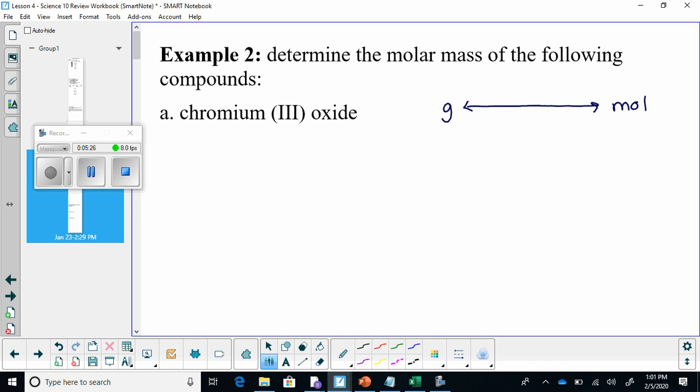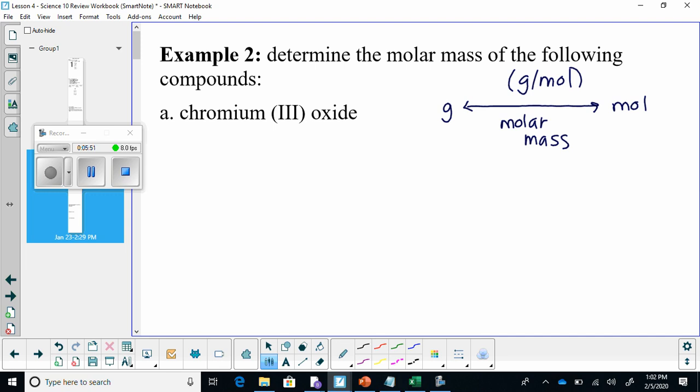But we are going to use a converter, and that converter is called molar mass. The reason why it's a converter is because it contains both units. I want us to get comfortable with the idea that if you have mass, then you are able to find moles. If you have moles, you are able to find mass.